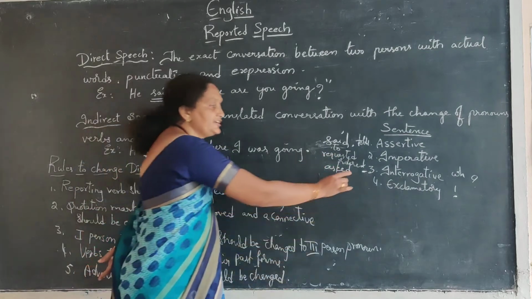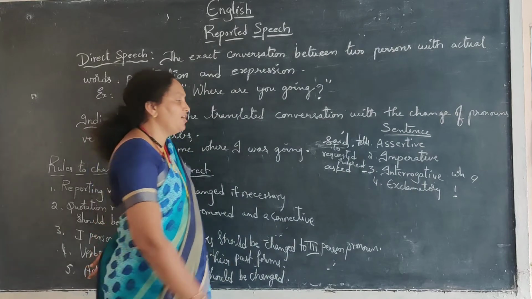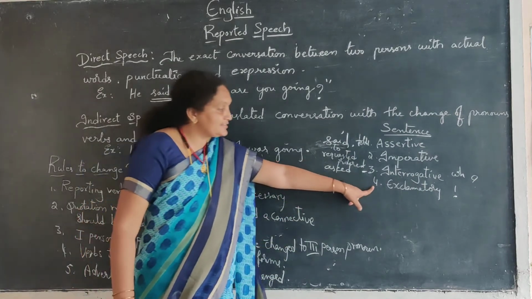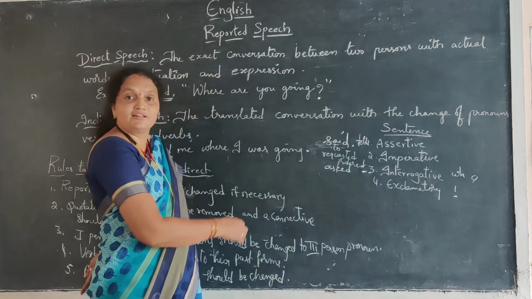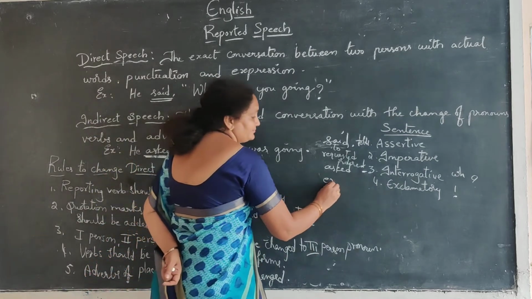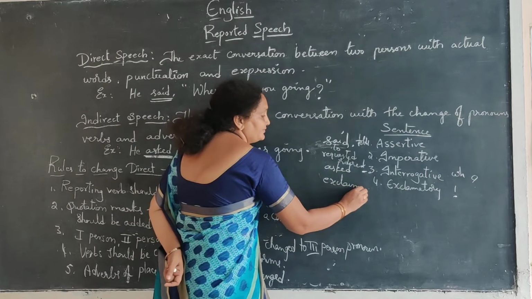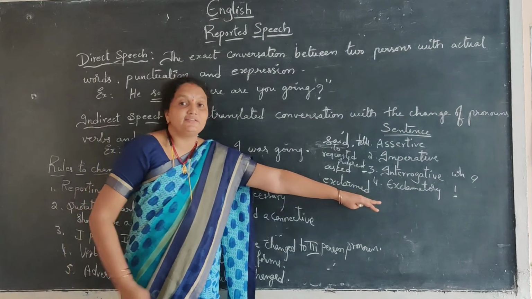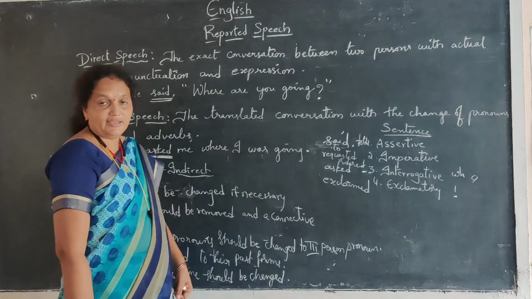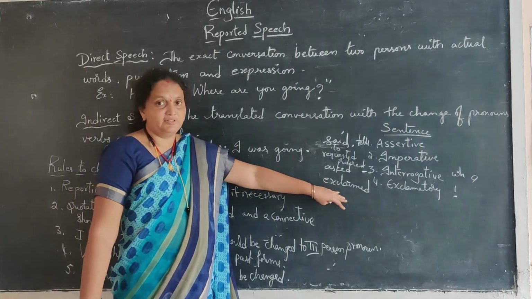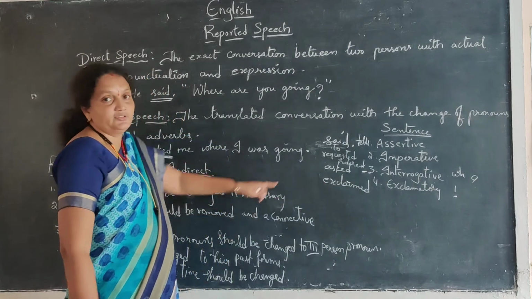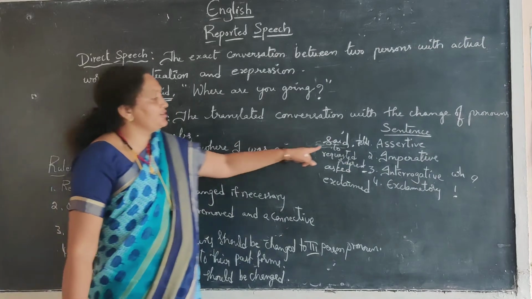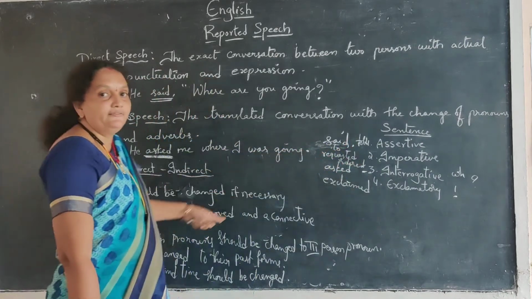And if it is an interrogative sentence, we have to use asked, inquired, questioned. And if it is an exclamatory sentence, we can say exclaimed. Exclaimed happily. Exclaimed with annoyance, meaning anger. So that's it. If needed, we need to change the reporting verb.